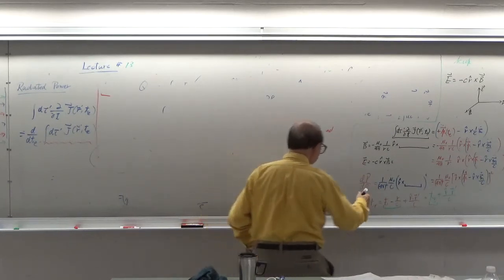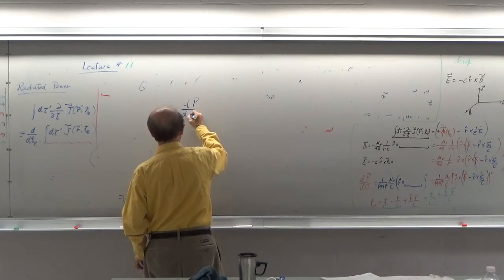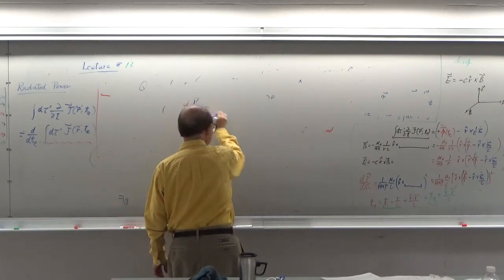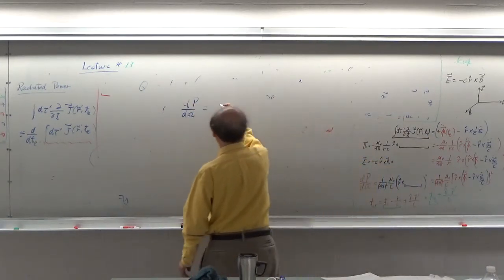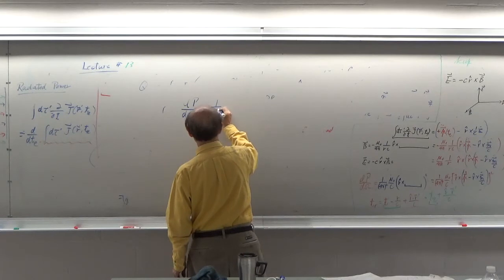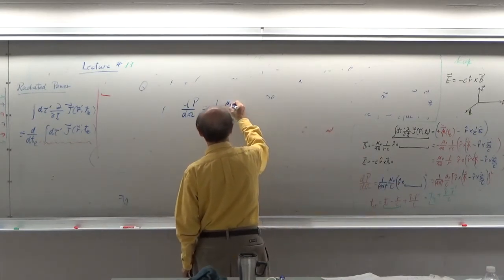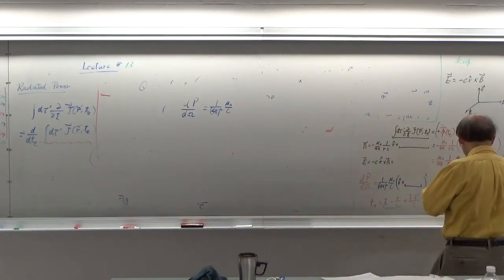I have dP by d omega, the angular distribution of power radiation, is equal to this, 1/(4 pi squared) mu naught over c, times the square of this. Square of this.